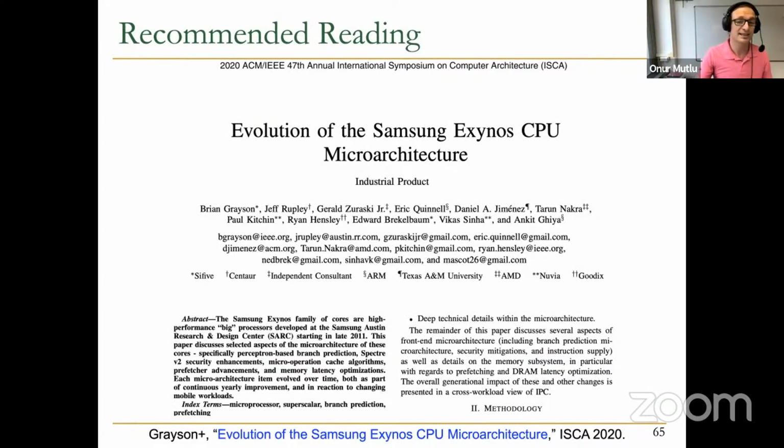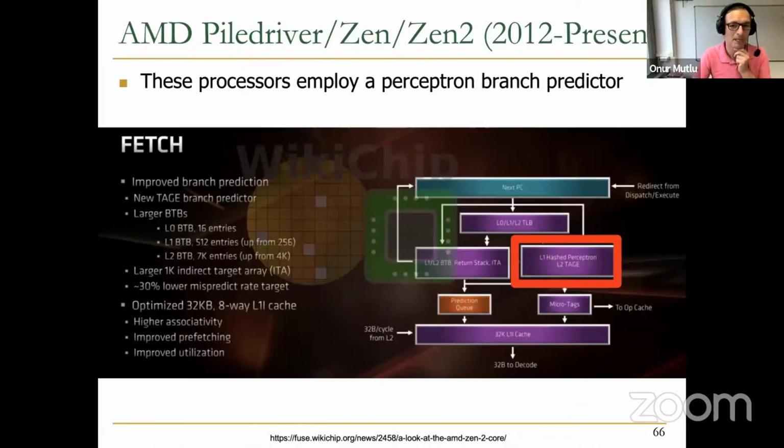And if you're interested, I would recommend taking a look at this innovative architecture that includes perceptron predictor, that also includes some other predictors, including one predictor that we proposed for indirect branch prediction in 2007, for example. It's a nice paper that talks about a lot of ideas in branch prediction. And more recently, the Zen 2 and early on Piledriver processors actually employed a perceptron branch predictor.